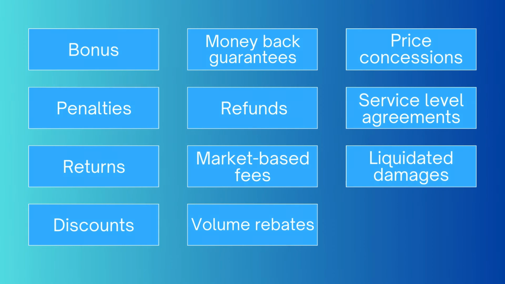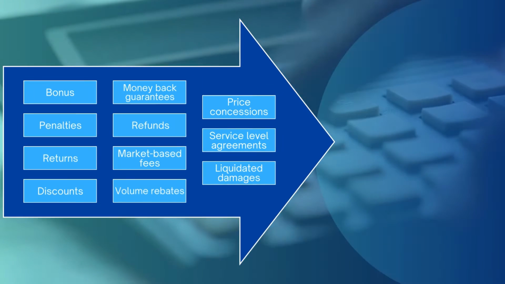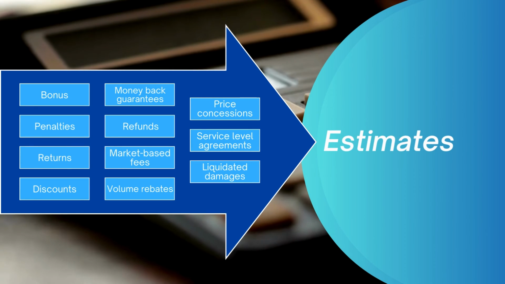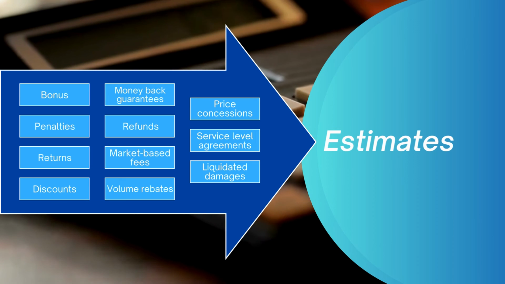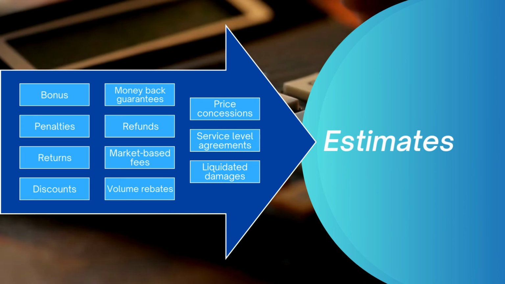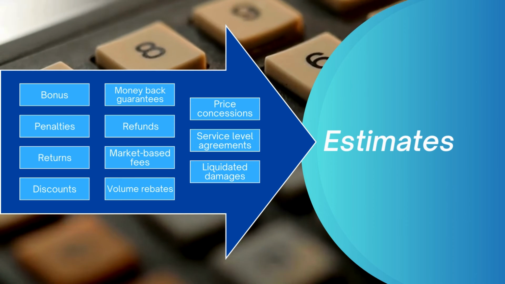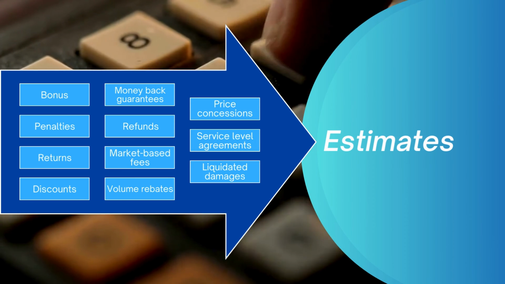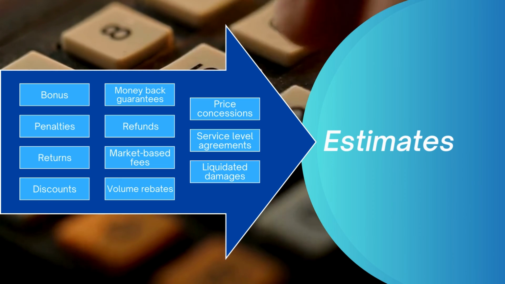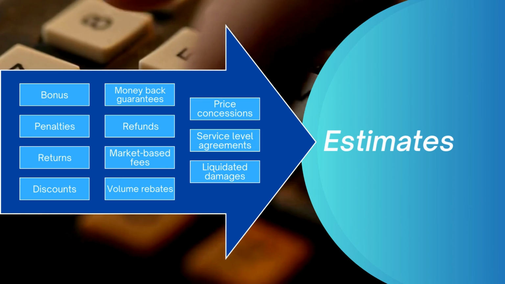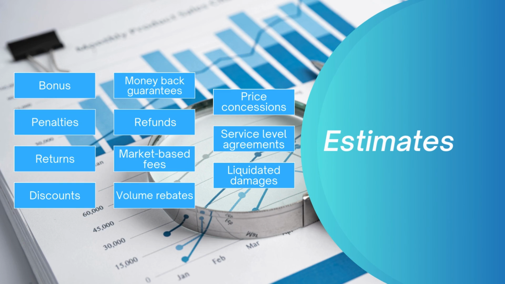So what do all these have in common? These are all estimates where we don't know how much is actually going to be on day one. On day one, the guidance requires you to estimate the bonus or the liquidated damage. But liquidated damages or bonuses that are paid out at the end of a project, we don't know.